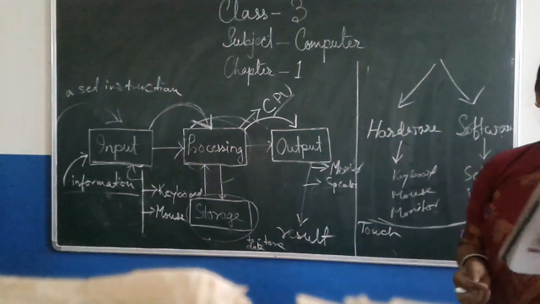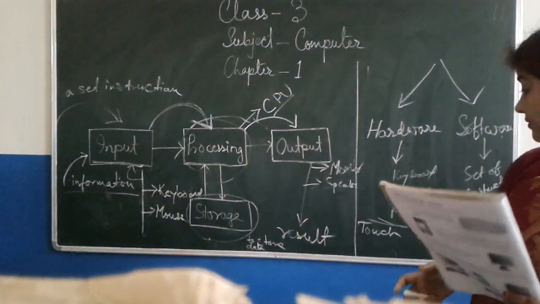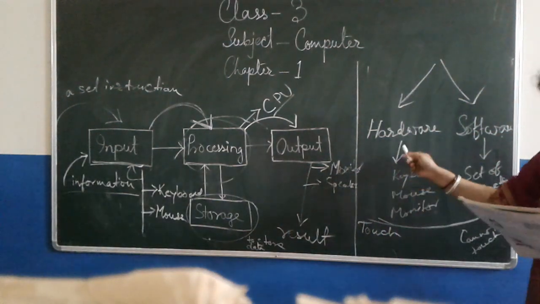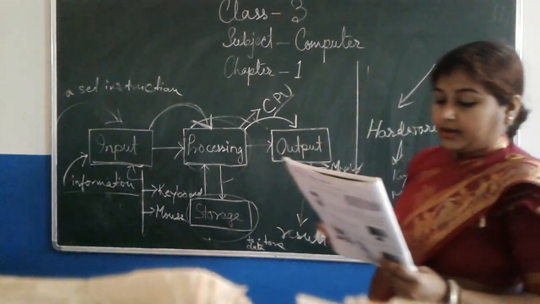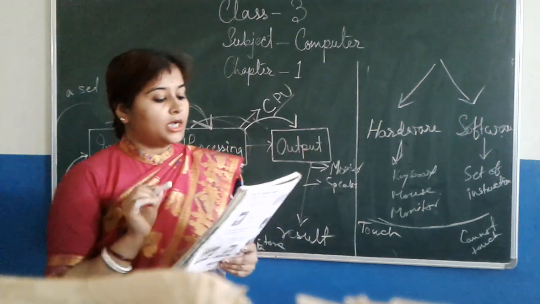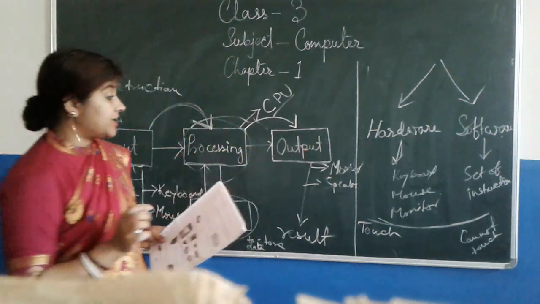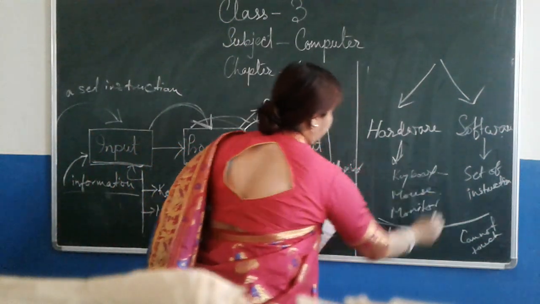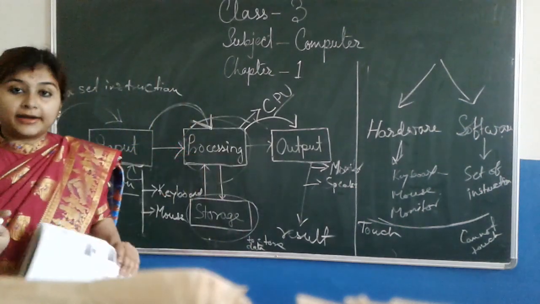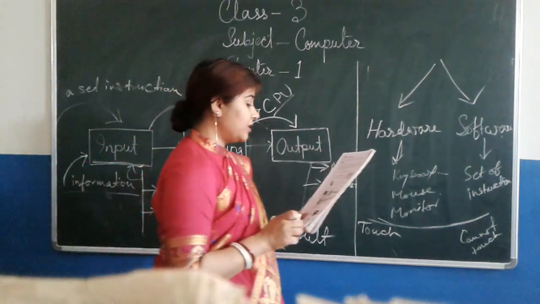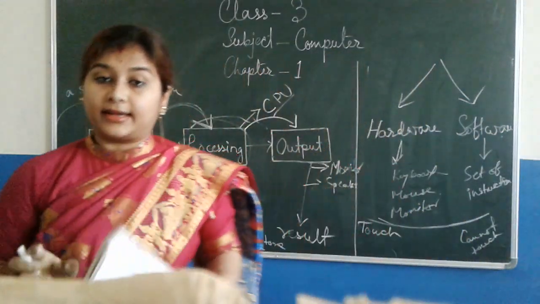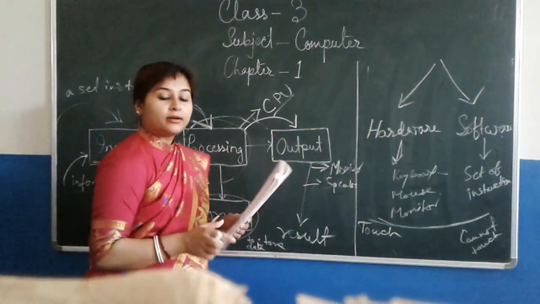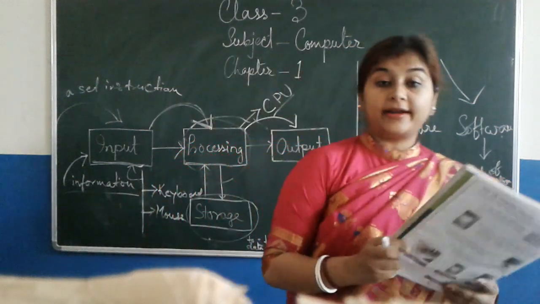Hardware includes mainly the following parts: keyboard, mouse. Keyboard is used to type data. We use keyboard for typing purposes. Mouse is to control the pointer on the screen. We use mouse for pointing.